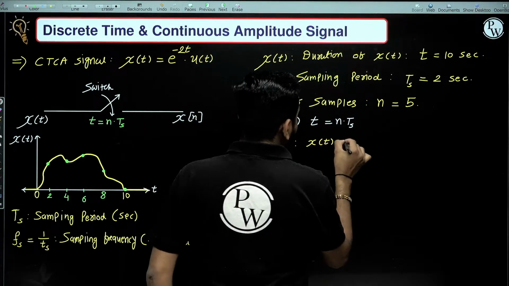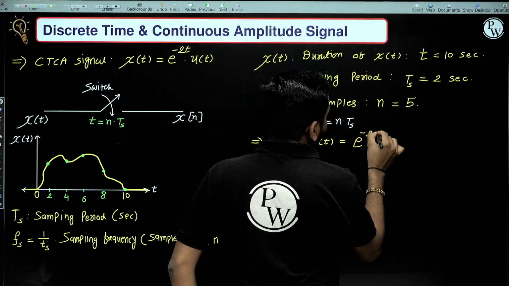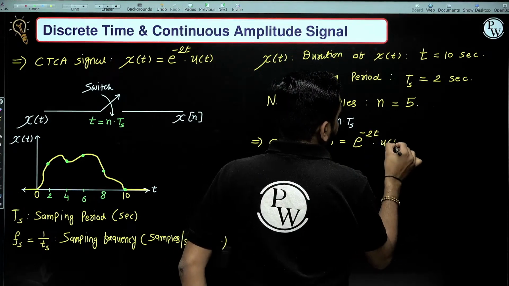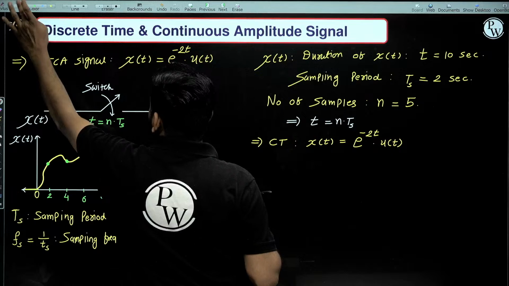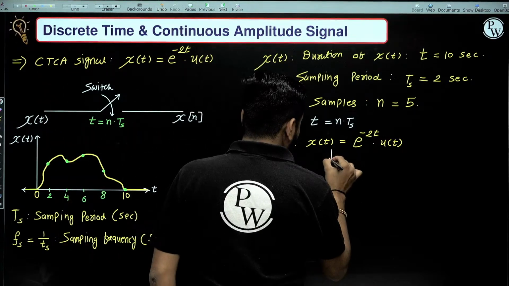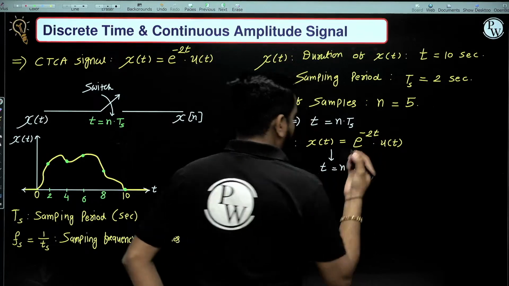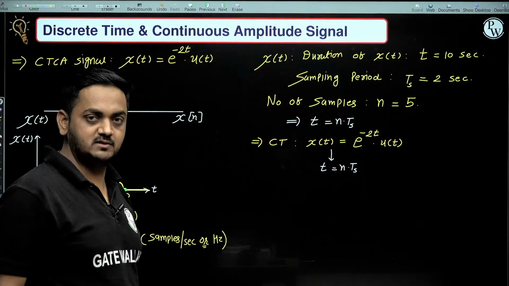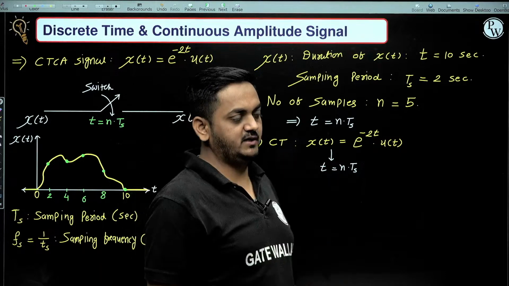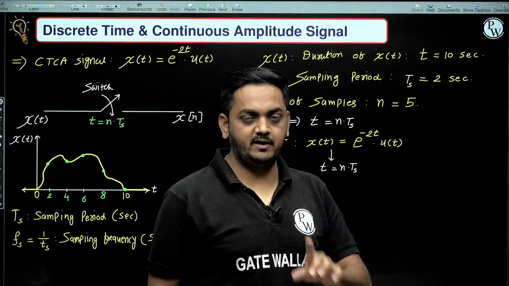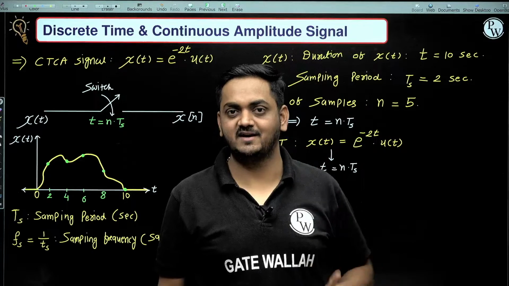So here the continuous time signal x of t is equal to e to the power minus 2t into u of t. Simply in this, replace t with n into Ts, then you will get the discrete time signal. And for simplicity, in the entire syllabus we will take the sampling period by default as 1 second.